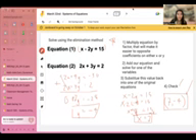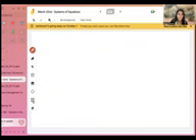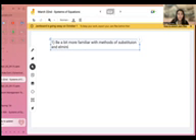Okay, great job, everyone. I'll do a very quick recap. One, you should be a bit more familiar with methods of substitution and elimination when solving systems of equations.